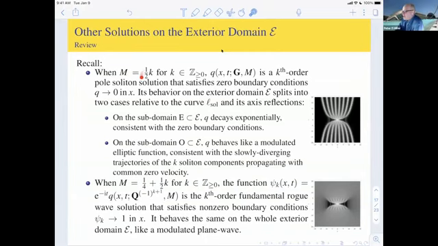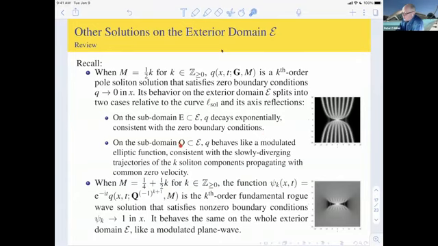When m is a half integer, then we have a kth order pole soliton solution. It's got 0 boundary conditions, being a soliton as x goes to plus or minus infinity. And its behavior on the exterior domain E splits into 2 cases relative to some curve L sol and its reflections in the axes. There's a subdomain, the exponential decay region, and there Q decays exponentially to 0, consistent with the 0 boundary conditions that the soliton satisfies.